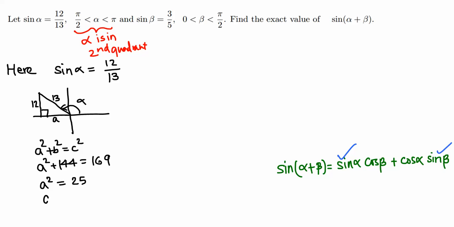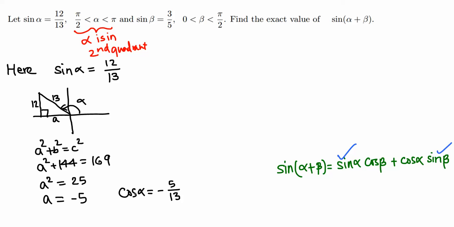Now take the square root, so a is plus or minus 5. In this case, due to the position of our triangle, this is negative 5. Now we needed cosine alpha, and cosine is adjacent over hypotenuse, so cosine alpha is negative 5 over 13.